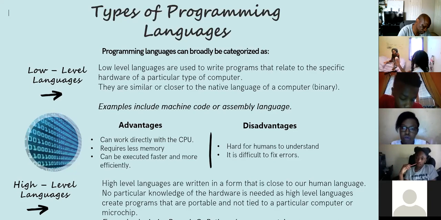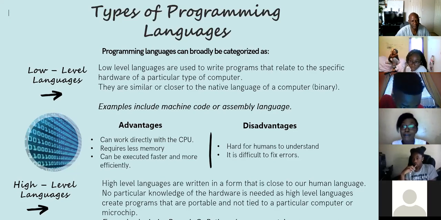But these two languages, machine language and assembly language, are very close to zeros and ones. When you look at it for the first time, you'd be like, what is this? It's like real code. You're looking at it, like, I really don't get what this is. But the computer loves it so much because it really understands.